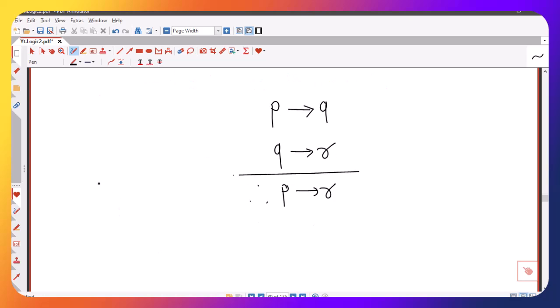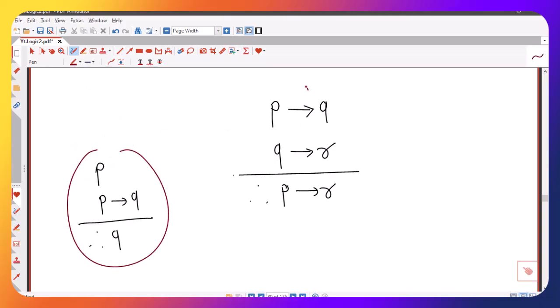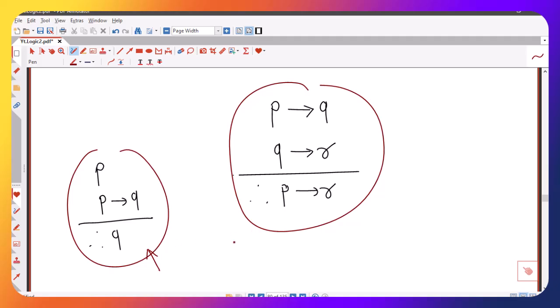And we have seen modus ponens also. It says that whenever P and P implies Q are true, then Q is also true. So now we are having two rules of inferences for propositional logic, and we can say that if our argument is either in this form or in this form, then using these two rules of inferences we can determine the validity of given argument or argument form.